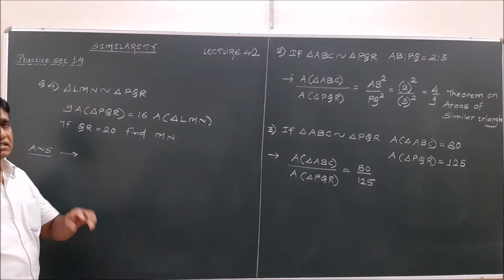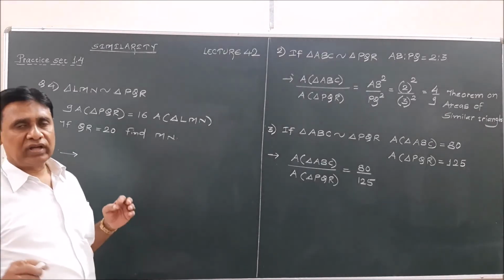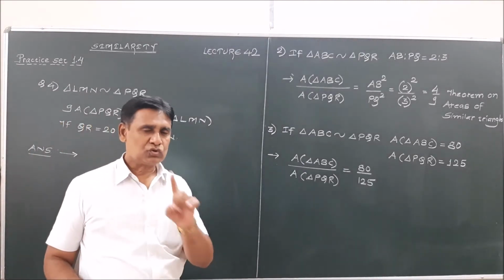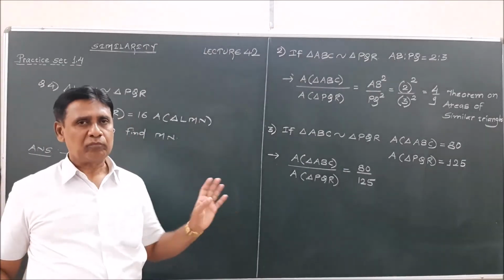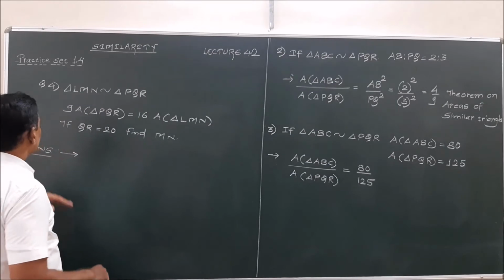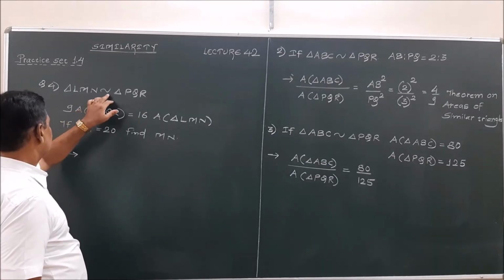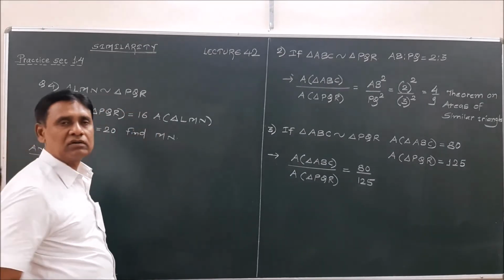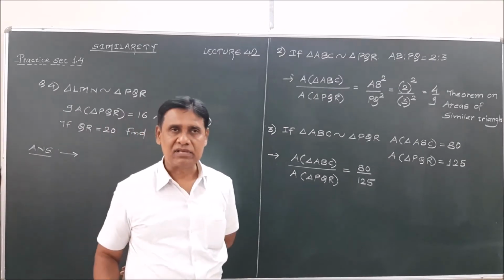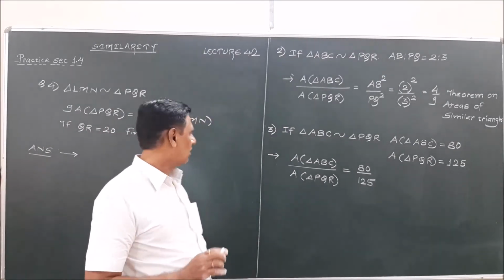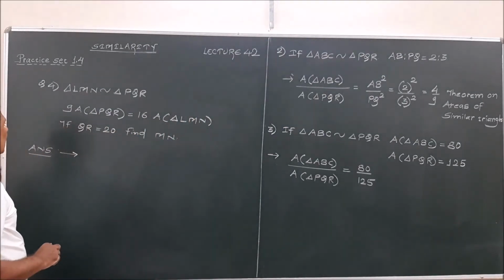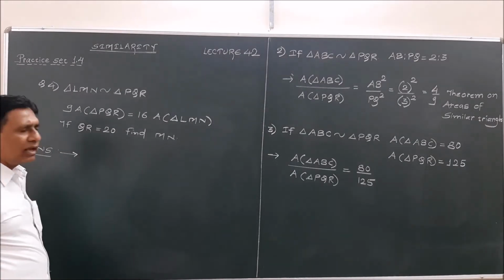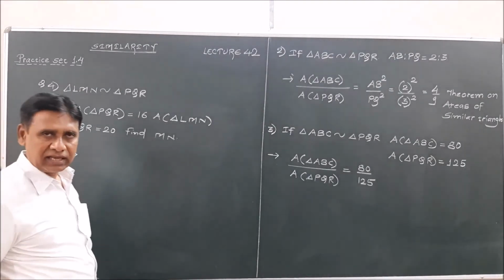In this exercise again, it is very important to know a very important fact. Triangle LMN is similar to triangle PQR. Fine. So we have to find out MN. I am going to apply theorem again.